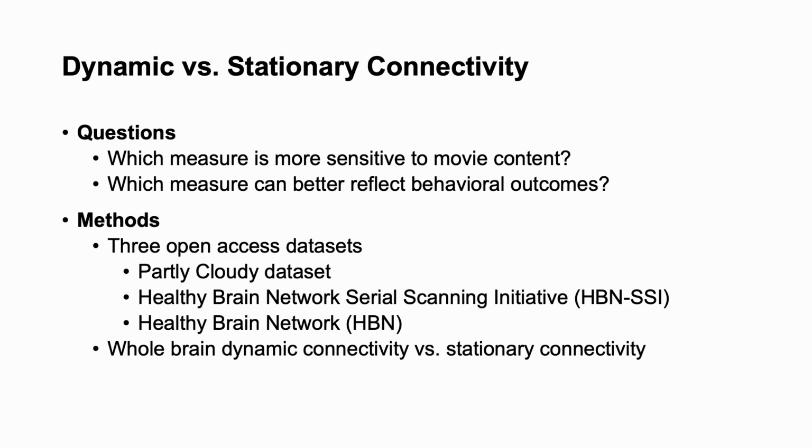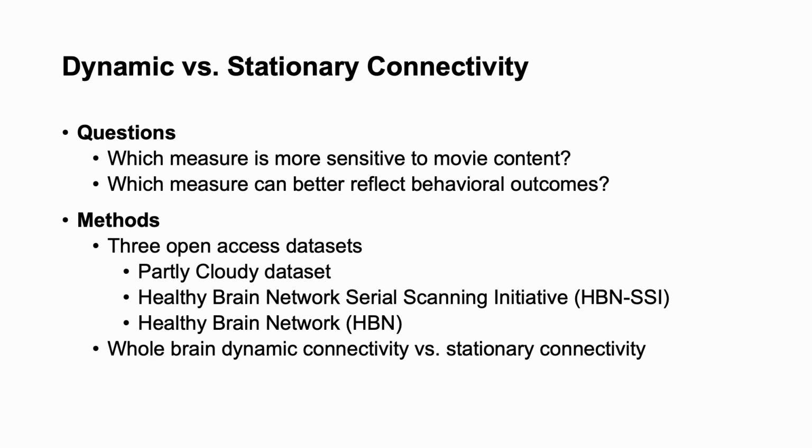So what we wanted to specifically do is that because there are many tools now in resting state network, we wanted to ask whether dynamic or stationary connectivity is a better measure, and what it can be compared to.